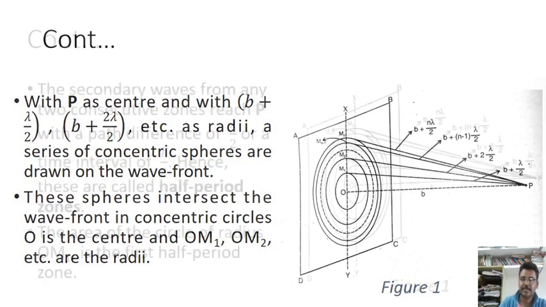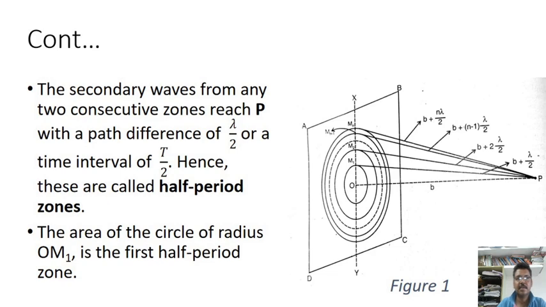The secondary waves from any two consecutive zones reach P with a path difference of lambda by 2, or a time interval of T by 2. Hence these are called half period zones. The area of the circle of radius OM1 is the first half period zone.